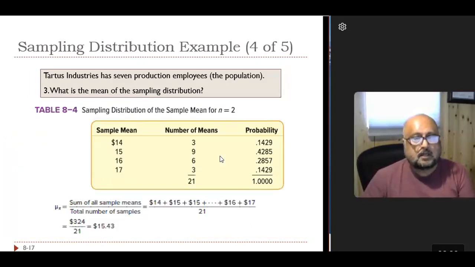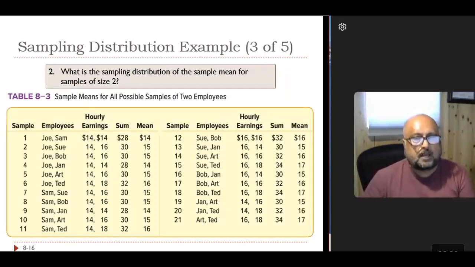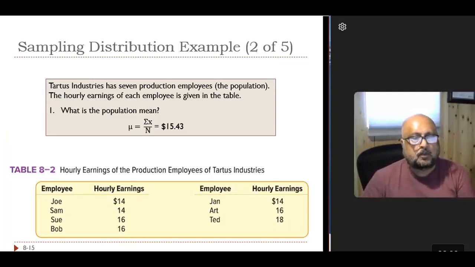If you look at the spread, the max value in the population is 18, the minimum is 14 and the max is 18.